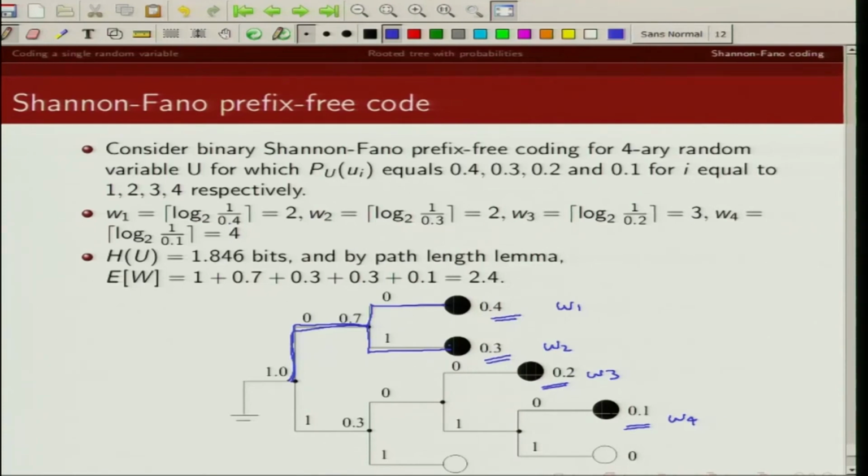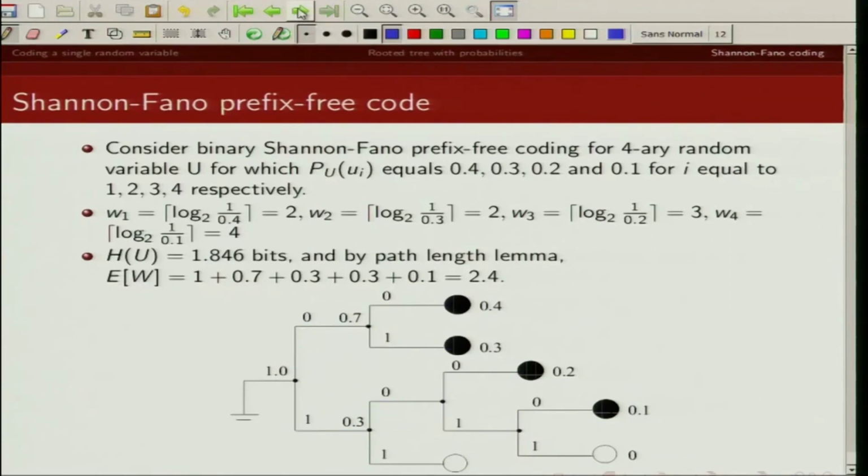We followed the same process for W3, which is at depth 3, and similarly for W4, which is at depth 4. Now you can see clearly this is not an optimal coding. Why? For example, this particular code word which is at depth 4, we could have easily brought in here, at depth 2, which would have reduced our expected code word length.